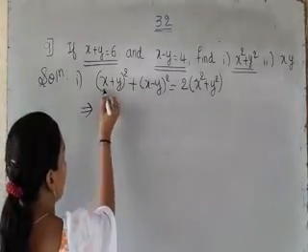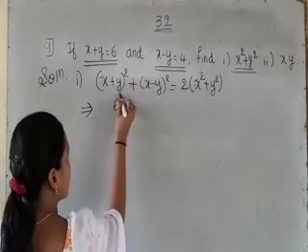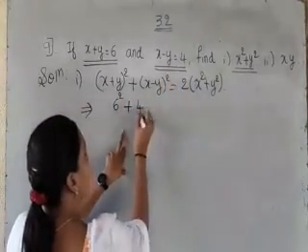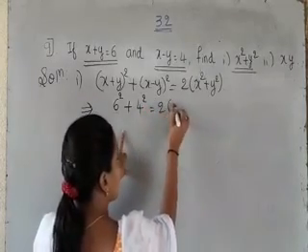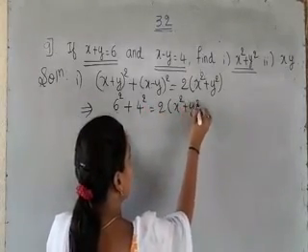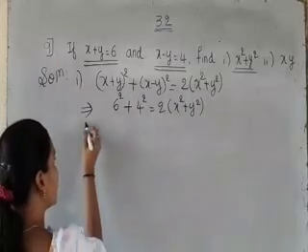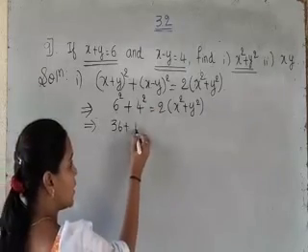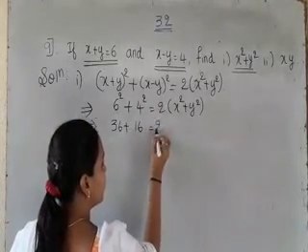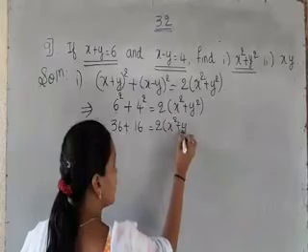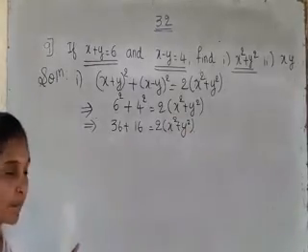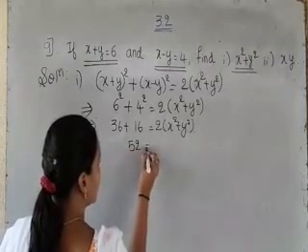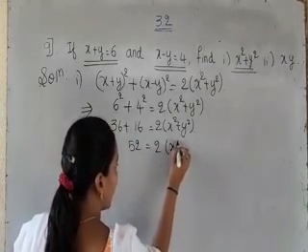Then substitute the values. (x plus y) is equal to 6, square, plus (x minus y) is equal to 4, square. So this is as it is, 2 times (x square plus y square). So 6 square is 36 plus 4 square is 16 is equal to 2 times (x square plus y square). Okay. 36 plus 16 is 52, equal to 2 into (x square plus y square).